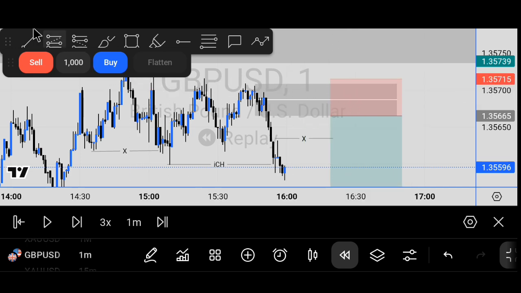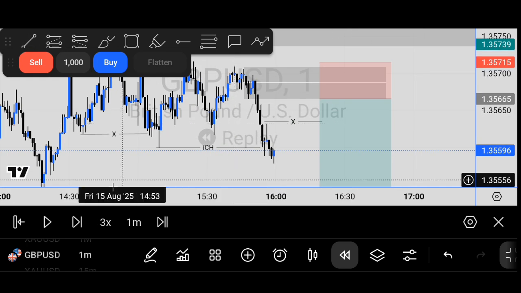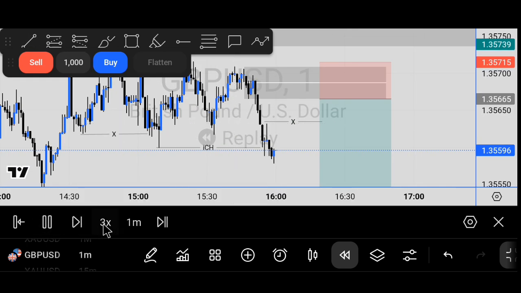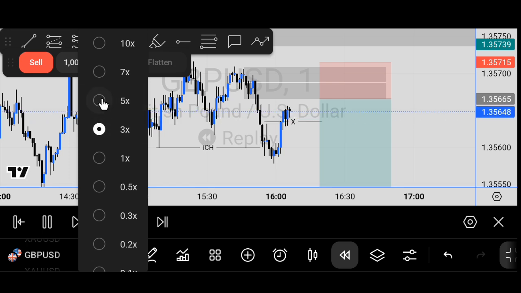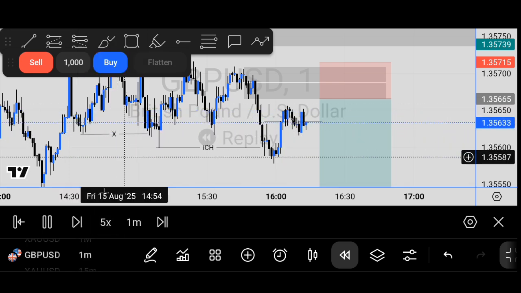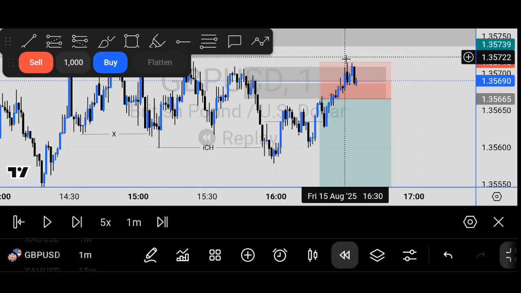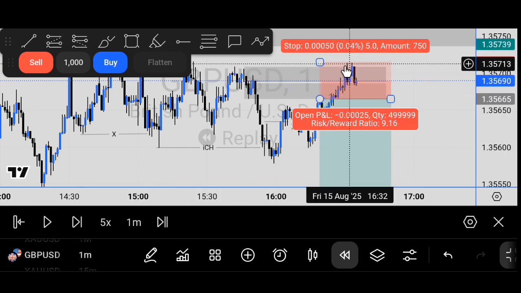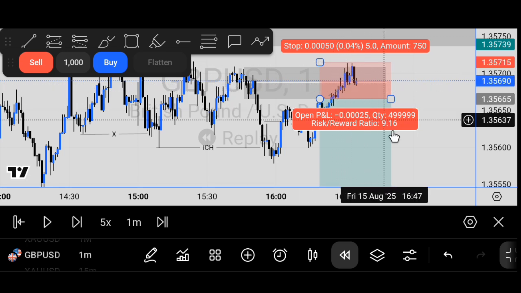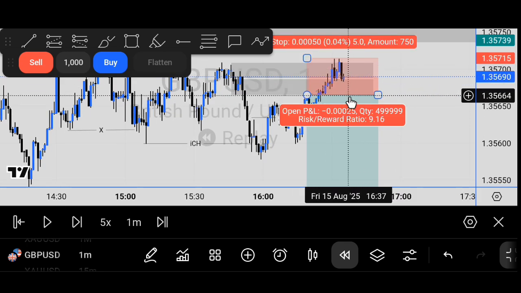So let's see it. I got stopped out initially because of this spread. So I had to wait and see the market reaction.